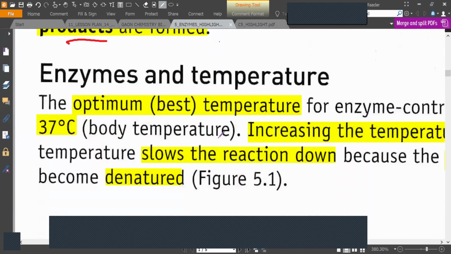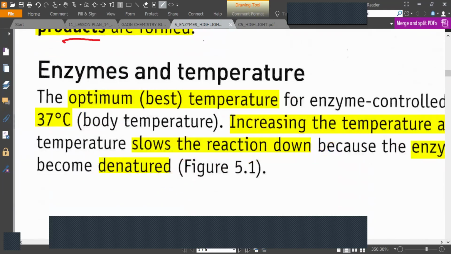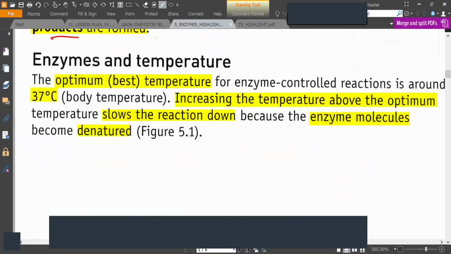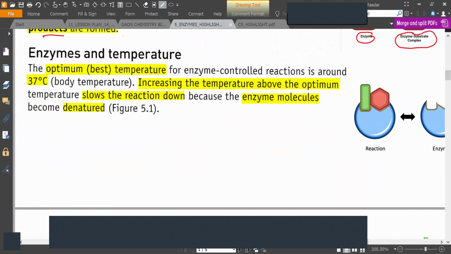Another key point: enzymes and temperature. The enzyme is only active at a certain temperature. It normally has an optimum, best temperature, around 37 degrees Celsius, which is our body temperature. If we increase the temperature above the optimum, so it is too high, the reaction will slow down, because the enzyme molecules will denature.